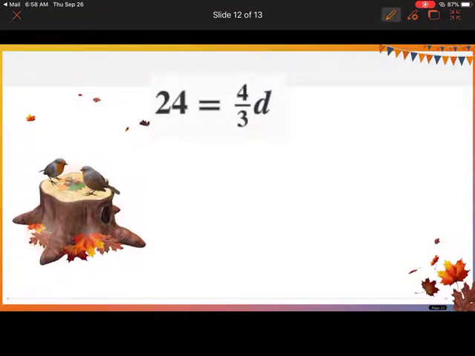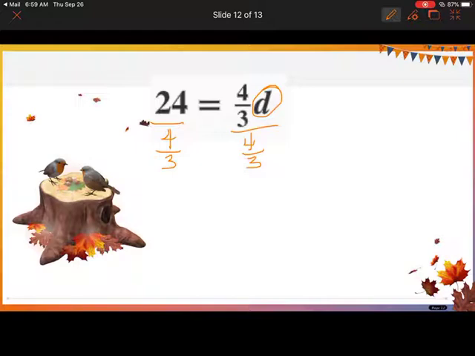Okay, so I have 24 equals 4/3 d. So this is still multiplication because they're right next to each other. So the opposite of that, in order to get d by itself, is to divide by 4/3. And I know you're like, oh my gosh, I don't remember how to divide by a fraction. Well, remember, we take the reciprocal and multiply.